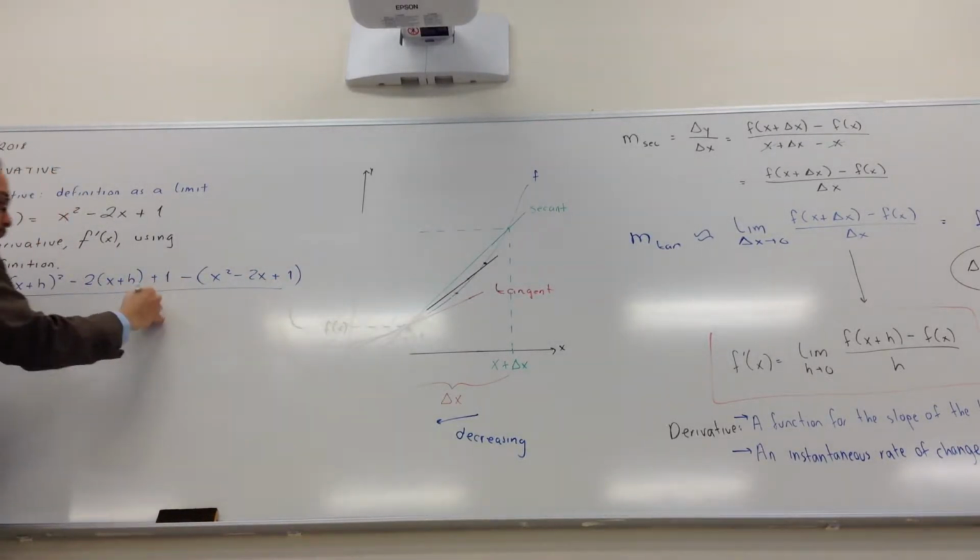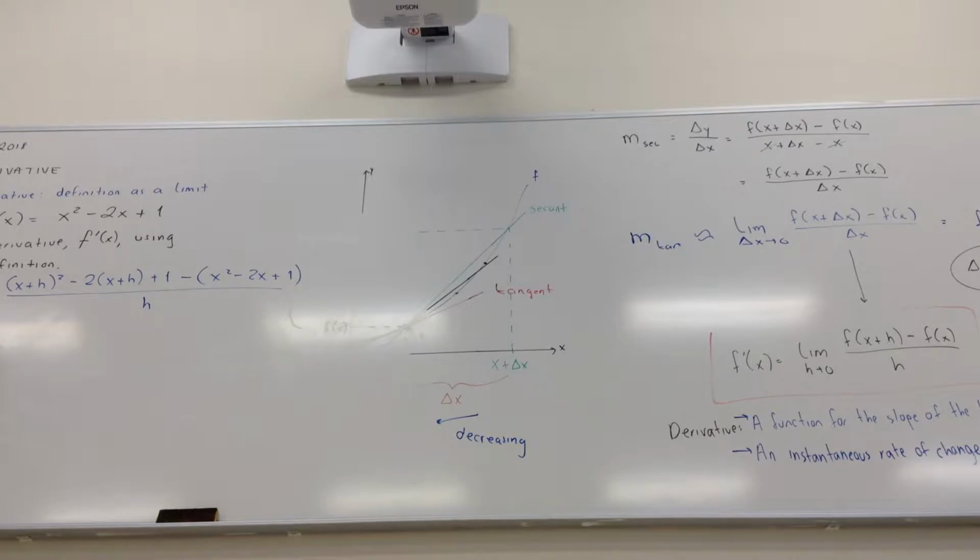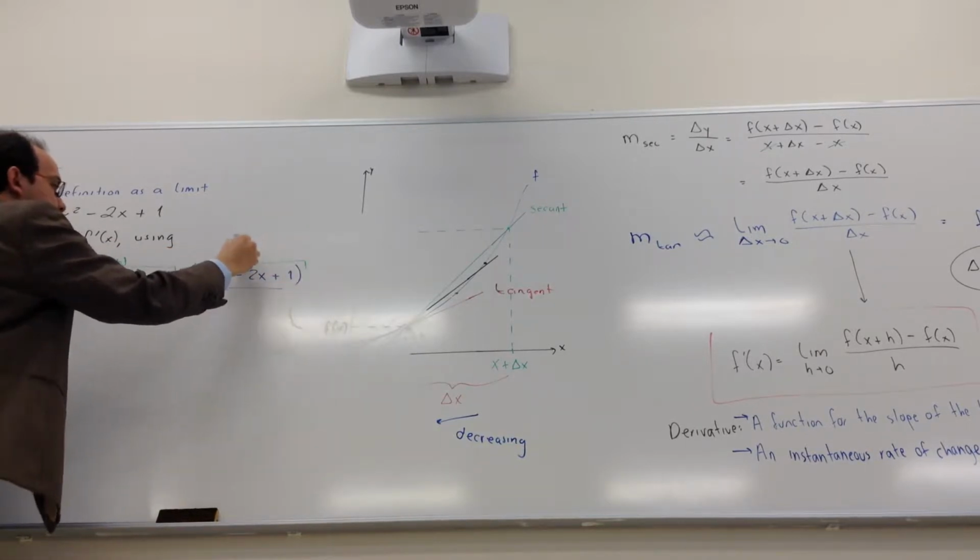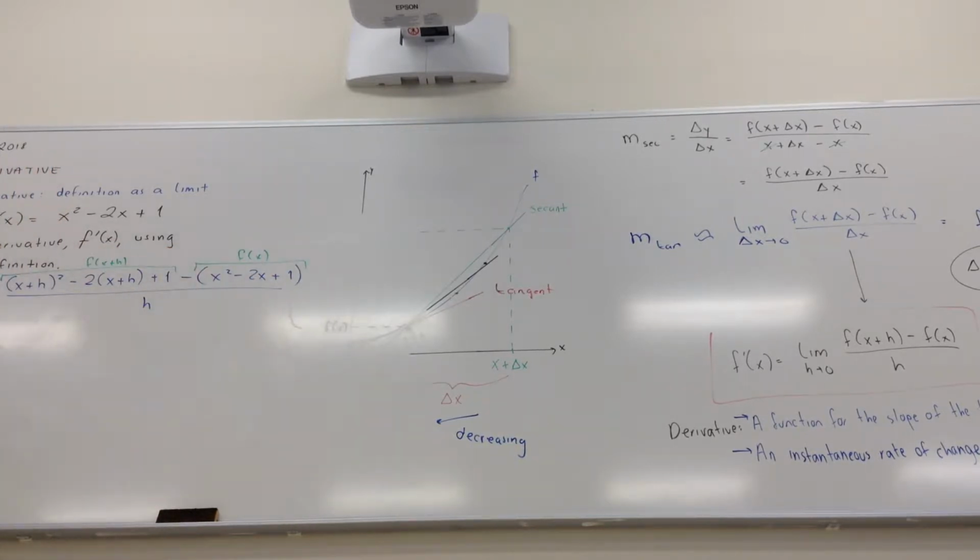over h. Okay? You apply the tangent formula. Therefore, in the function that I have, all of this is f of x plus h. All of this is f of x. Teacher, is it always going to be h equal to 0? Always. Okay. That's the formula applied.